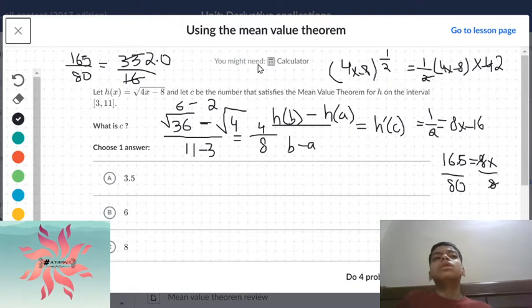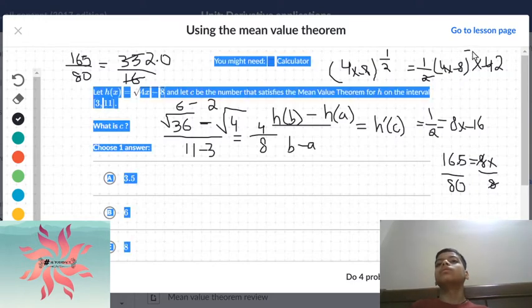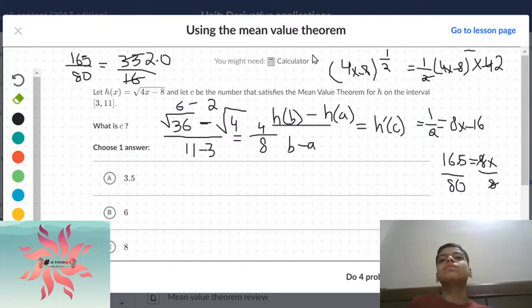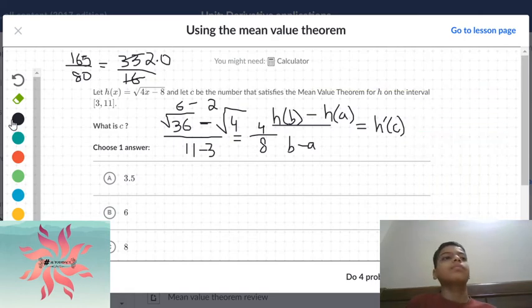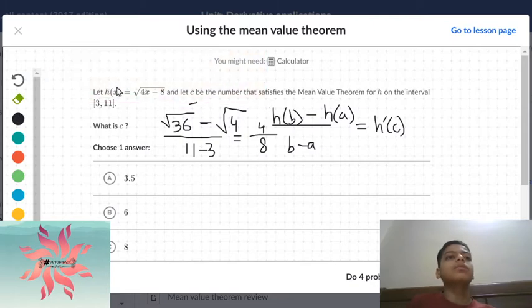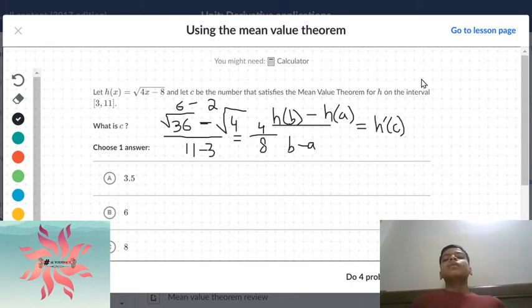Okay, let's take the derivative of this function again.